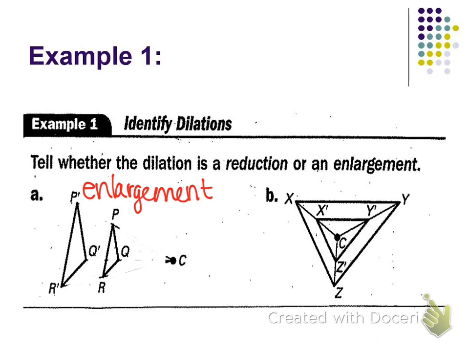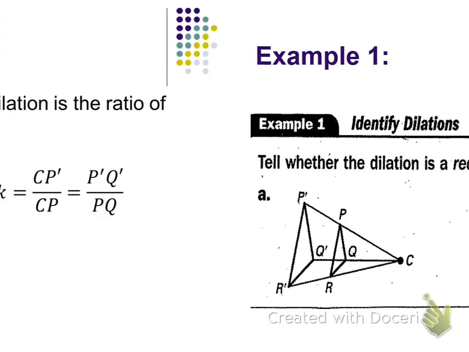Smaller. It is smaller. All the primes are on the inside now. We got smaller, so this would be a reduction. Remember, you always start at the plain letters and then go to the primes. Questions, concerns about identifying? On we go.